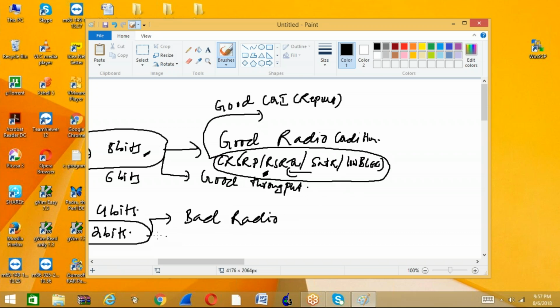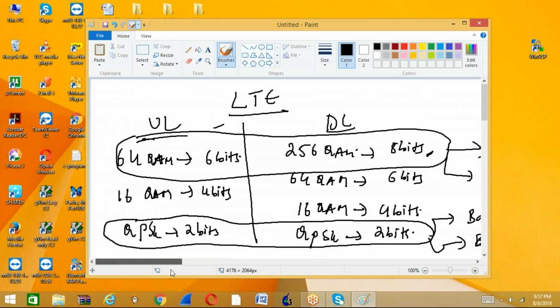So ultimately a bad CQI will be reported. These two are the same, and you'll get low throughput.